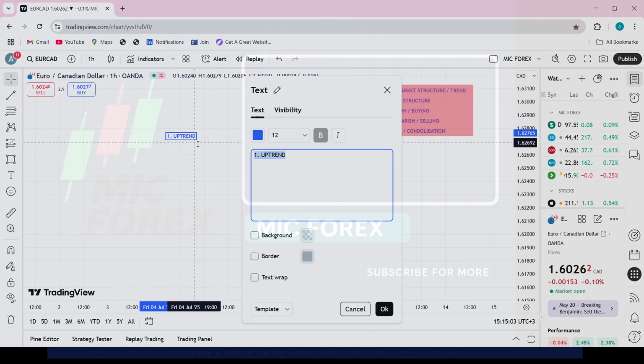So here we have to say bullish, and we have to say here, point number one is that it is characterized by a series of higher highs and higher lows.